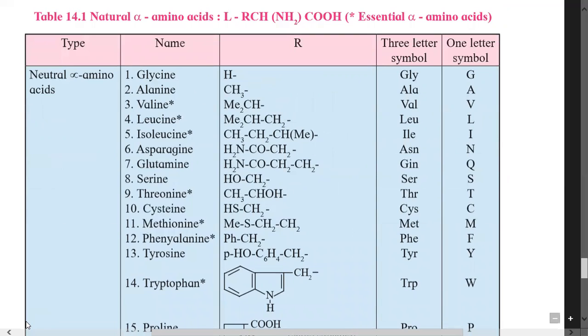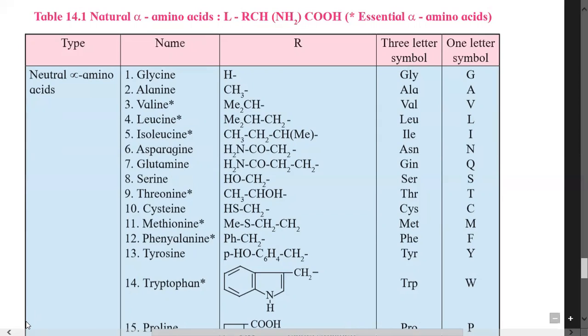Now we will study the type of amino acid, the name of the amino acid, and the R group present in the amino acid. We know the general formula RCH(NH2)COOH. So this central carbon is bonded with one R group, second is hydrogen, third is NH2, and fourth is the COOH group.